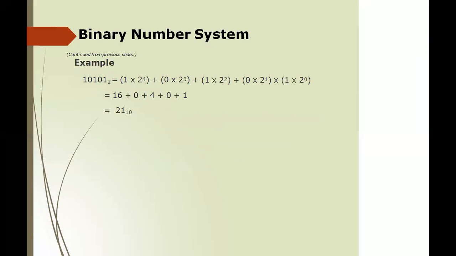We can represent a binary number like 10101, and we can convert it to another number system, that is the decimal number system, by multiplying each digit by the position it carries. Here 2 is the base of the number 10101, and after multiplying in this way we can get the number in the decimal number system.